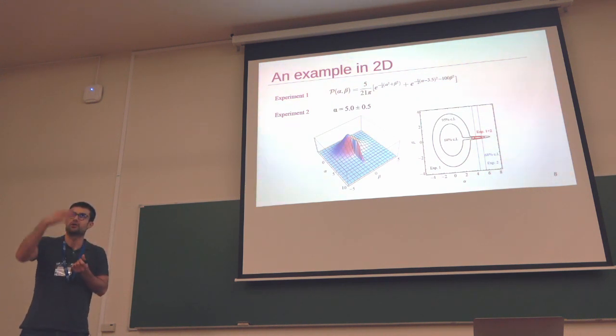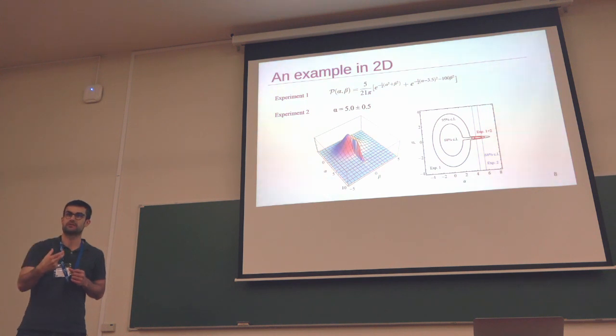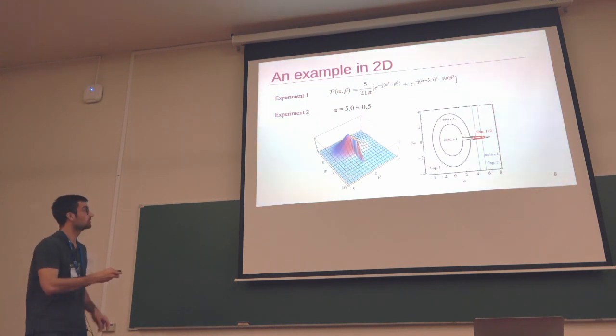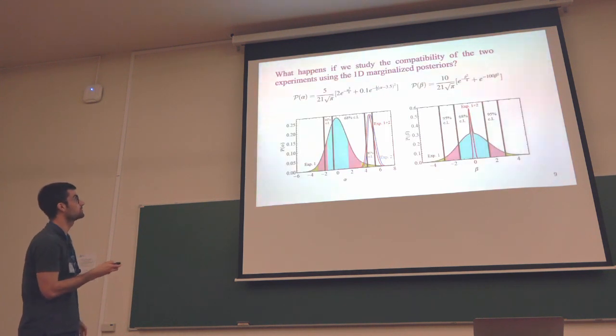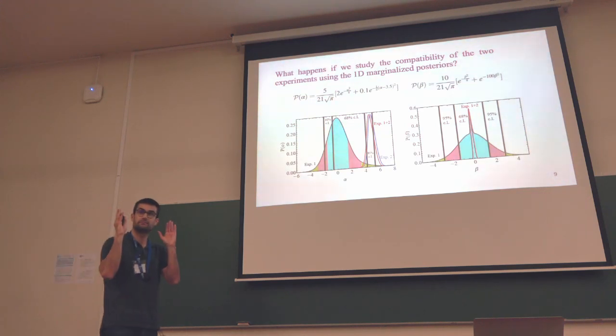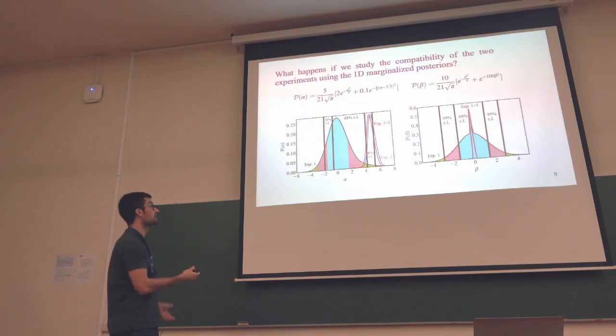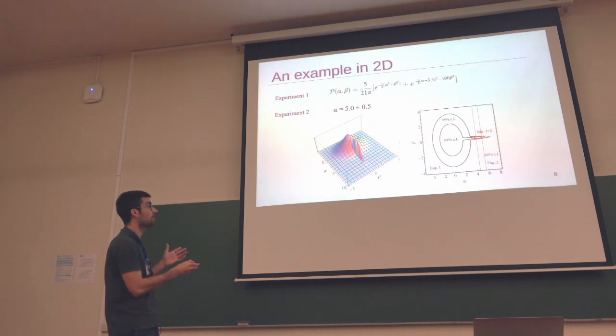They provide where the larger fraction of probability is in the parameter space. Coming back here, looking at the marginalized posterior, you know that in this region of alpha you will have the larger fraction of probability, and this is the case because here you have a lot of points that behave perfectly well.